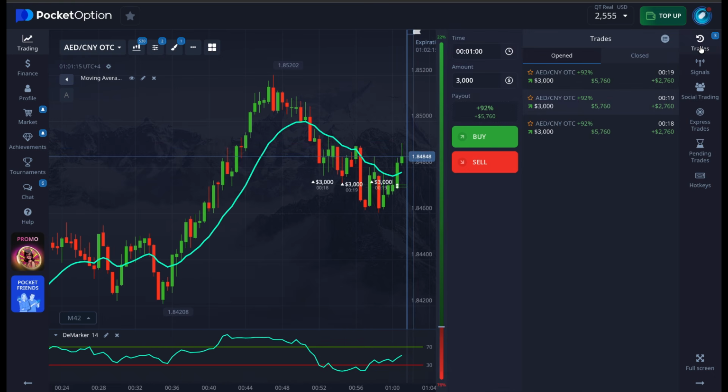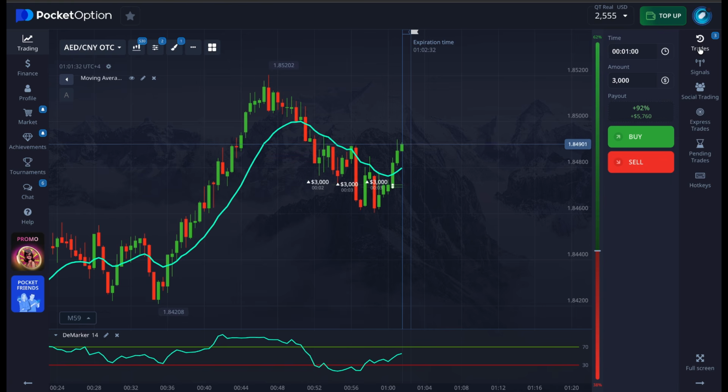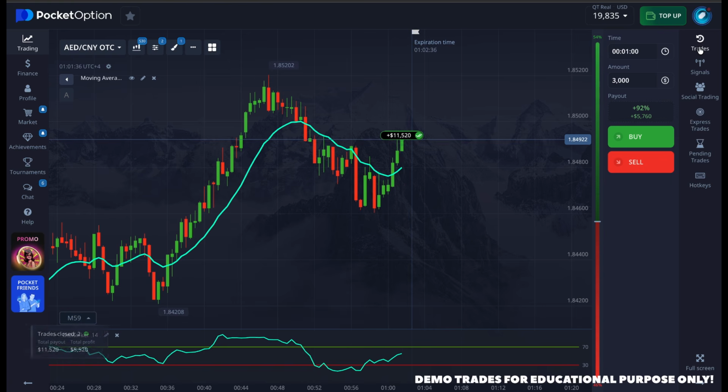Most traders don't realize how important one perfect trade is, rather than 10 useless trades taken out of impulse. So make sure that you're trying to trade with advanced risk management and extreme precautions. Now I've just secured a great profit right here.